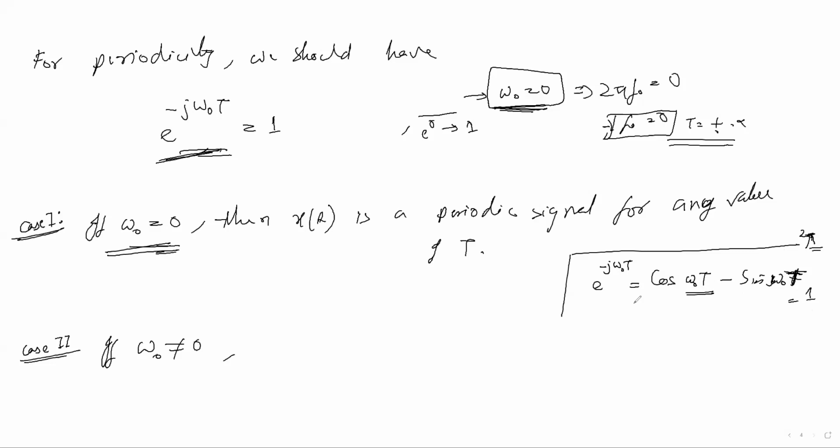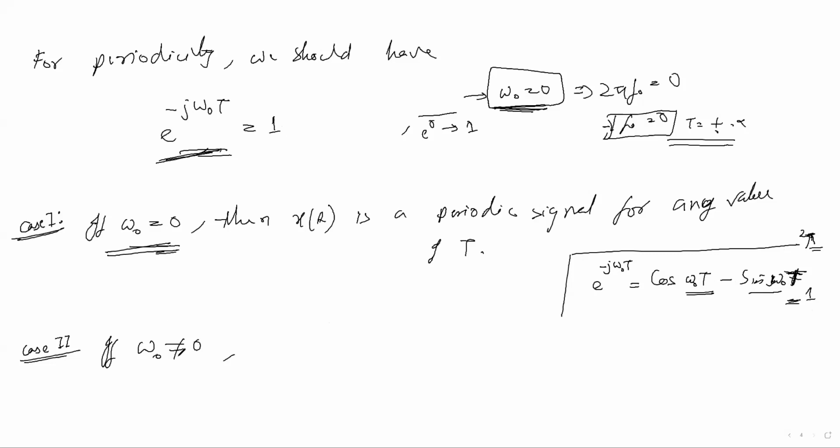How? Have you understood this? Sine 2 pi means 0, and cos 2 pi means 1. That's why this term will be 1.